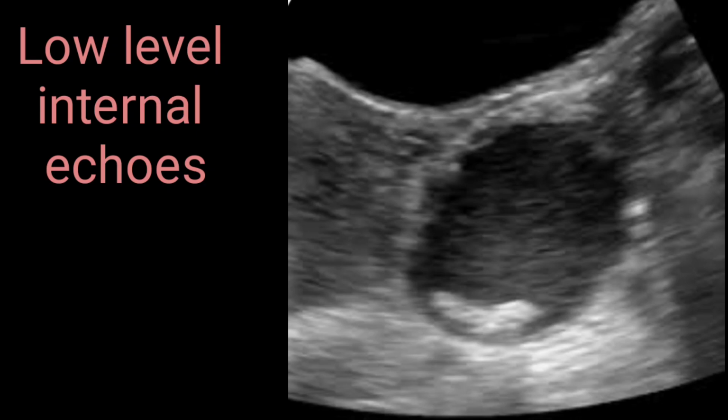Or in other cases you can consider it as a thick content within the lumen that could be a slight or mild blood clot within the hemorrhagic content. So this is a classical example of low level internal echoes with debris, and that was diagnosed as a dermoid cyst in the right adnexal region.